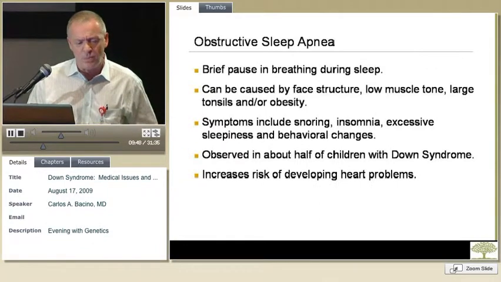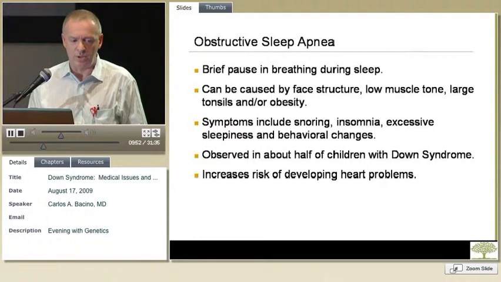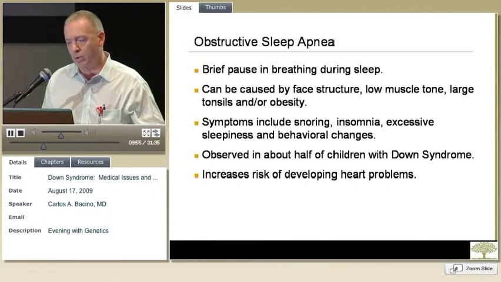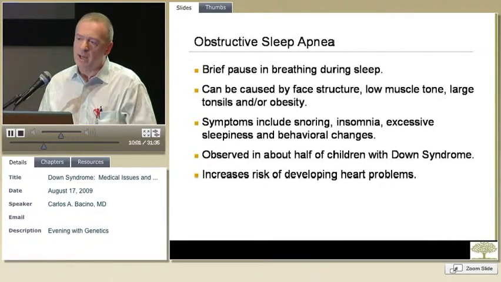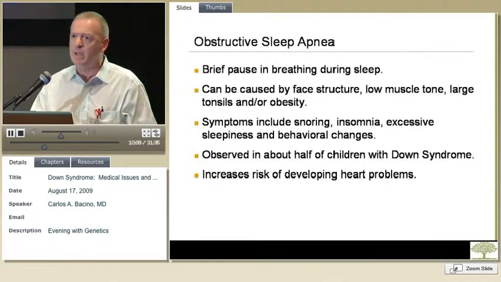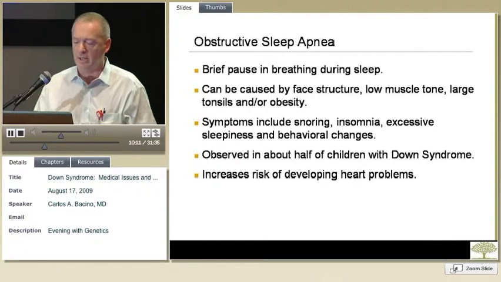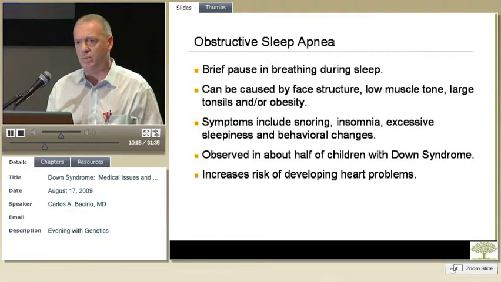So one of the things that we have seen over the past few years that has become more common recognition is the issue of sleep apnea. Obstructive sleep apnea is when there is a brief pause during the breathing, and that typically happens while asleep, and is also associated with some very specific symptoms.